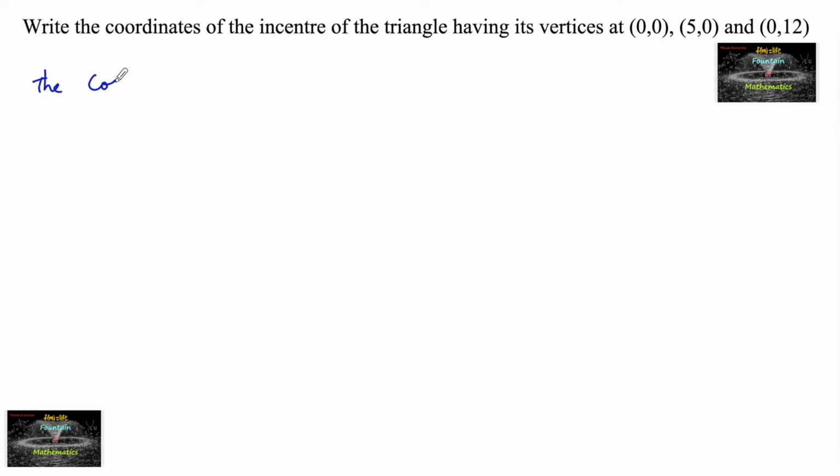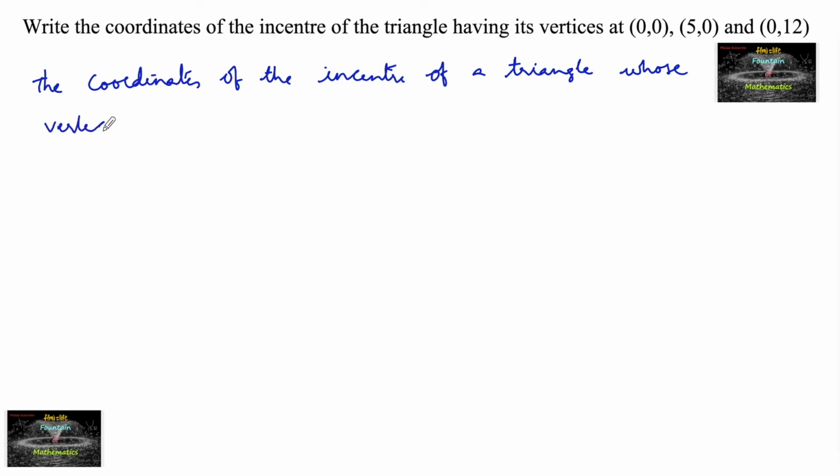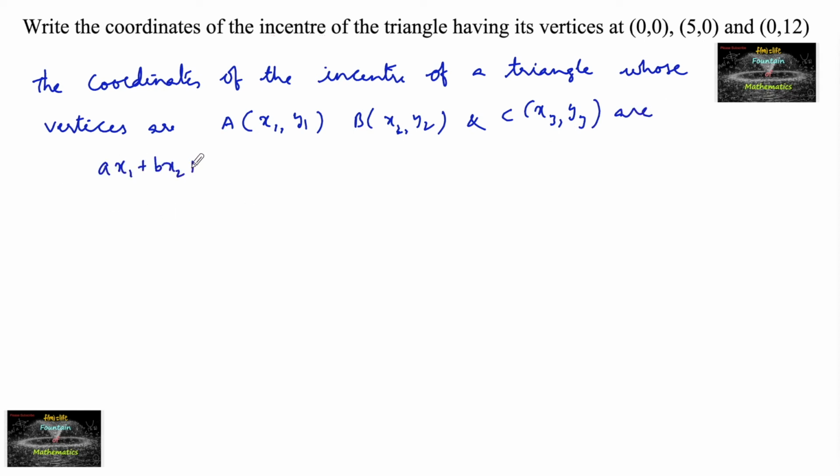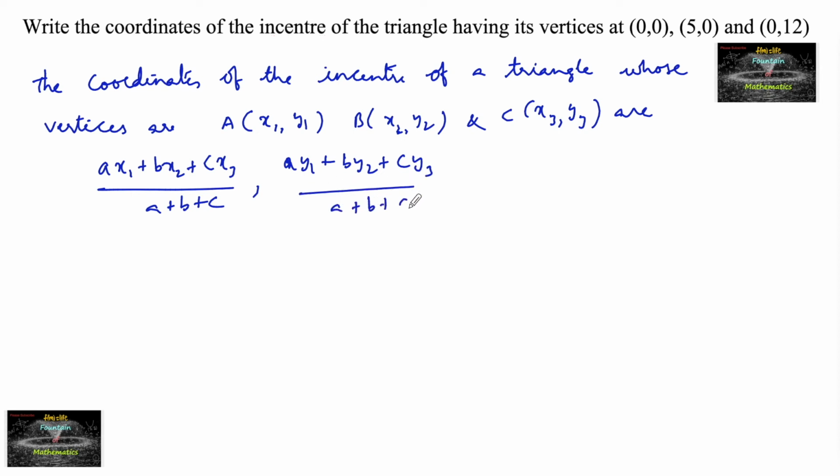Since we know that the coordinates of the incenter of a triangle whose vertices are, say, A (x1, y1), B (x2, y2) and C (x3, y3) are given as (ax1 plus bx2 plus cx3) upon (a plus b plus c) and (ay1 plus by2 plus cy3) upon (a plus b plus c), where a is equal to side BC and b is equal to side CA and c is equal to the length of side AB.